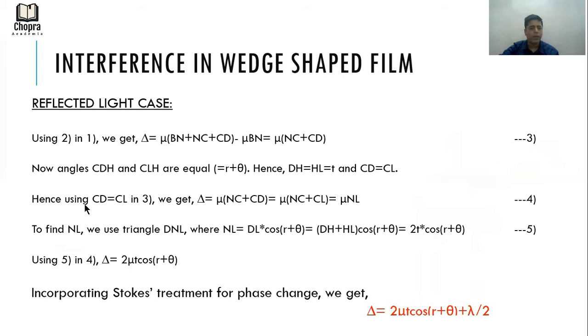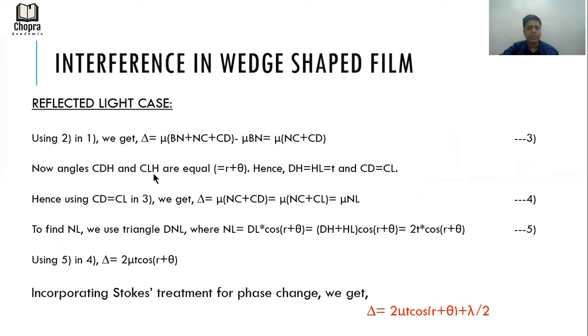We again do further calculations and we get the path difference to be mu times BN plus NC plus CD minus mu times BN. Now mu BN gets cancelled, so this becomes mu times NC plus CD.